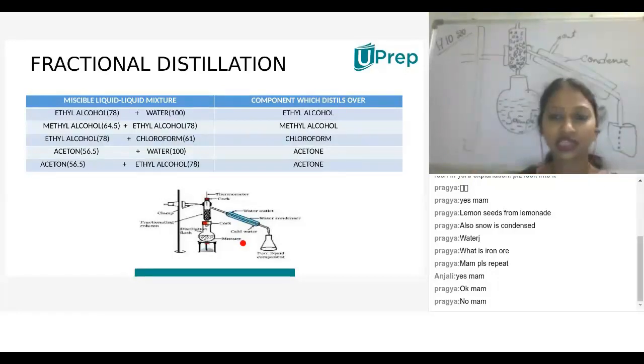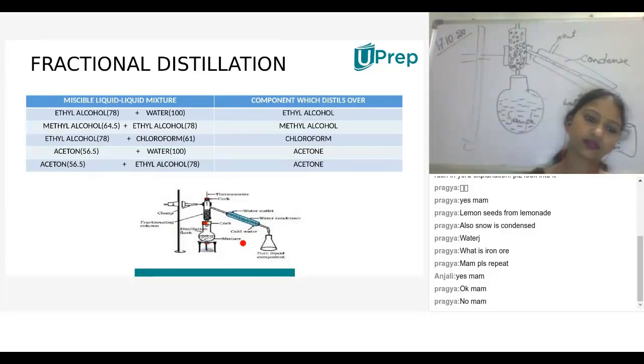We need to go for fractional distillation only. I understood. If one is 100 degrees Celsius and the other is 90 degrees Celsius, we could not do simple distillation, but we can do fractional.